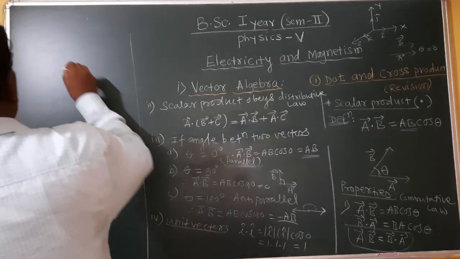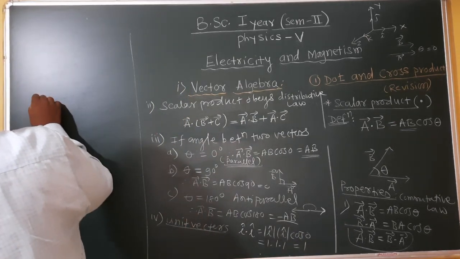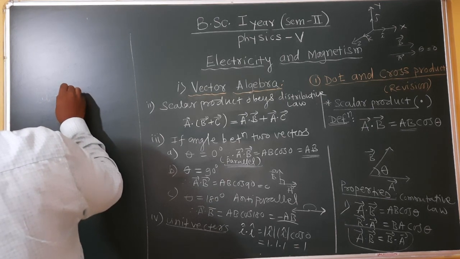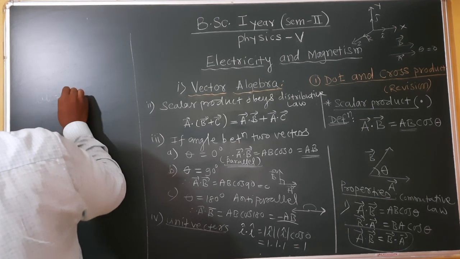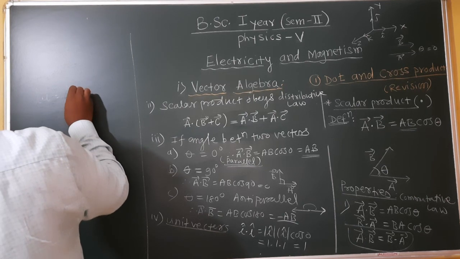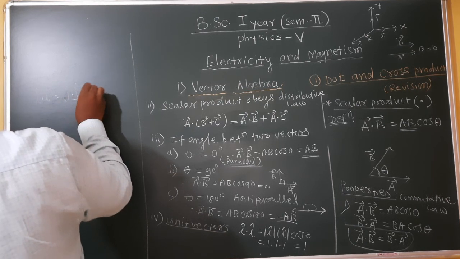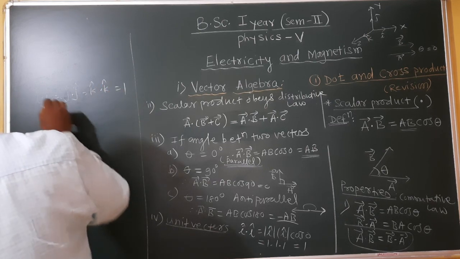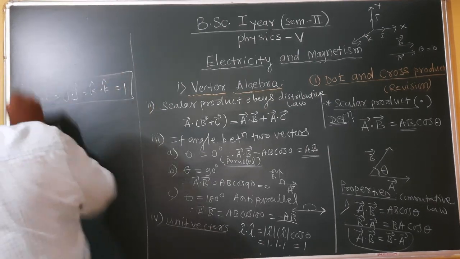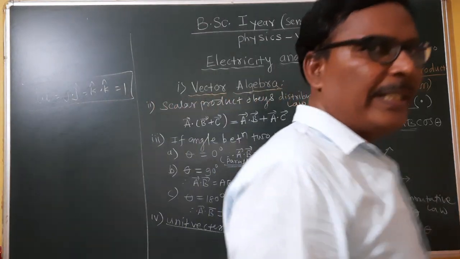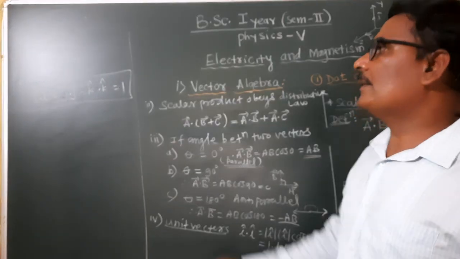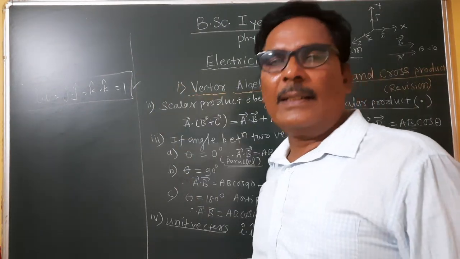So we write I cap dot I cap is equal to j cap dot j cap is equal to k cap dot k cap, and that is equal to 1. I dot I, j dot j, k dot k is equal to 1. This is the property of a unit vector.